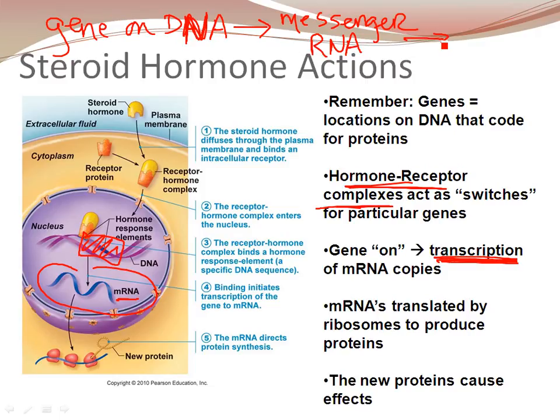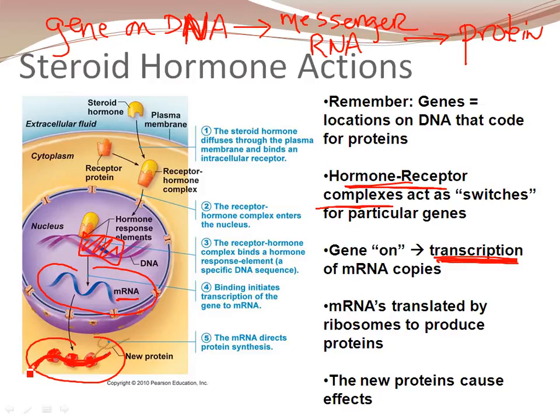Okay? That's transcription. And then when these messenger RNA molecules are made, ribosomes will bind to them like they're showing you here. These little pinkish structures that you see here are attached to the messenger RNA. They slide along.